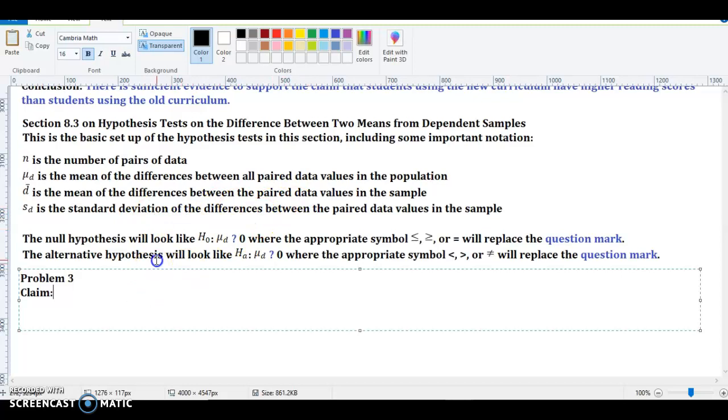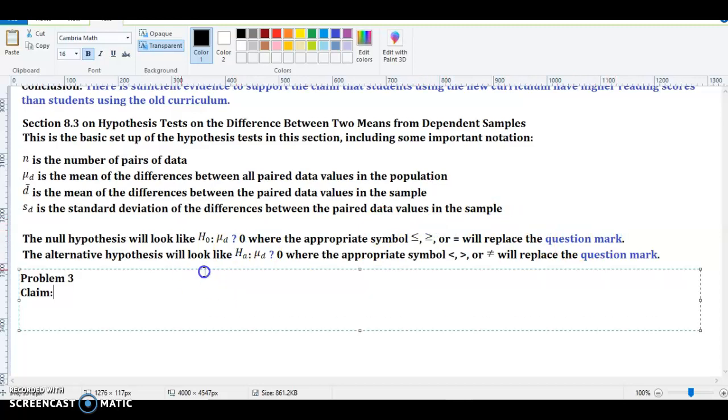Okay, so the null hypothesis will look like this. You have the symbol for the mean difference for the entire population, and usually we assume the difference is 0, unless otherwise stated in the problem. So mu D question mark 0, where the appropriate symbol will either be less than or equal to, greater than or equal to, or equal to, depending on the problem. So one of these three symbols will replace the question mark in the null hypothesis.